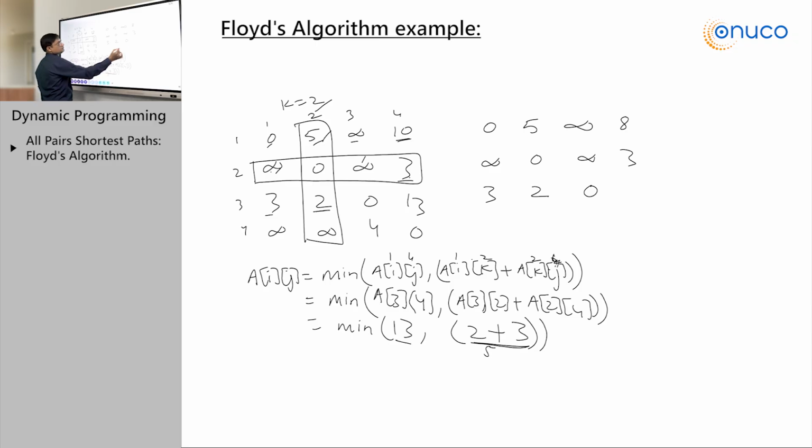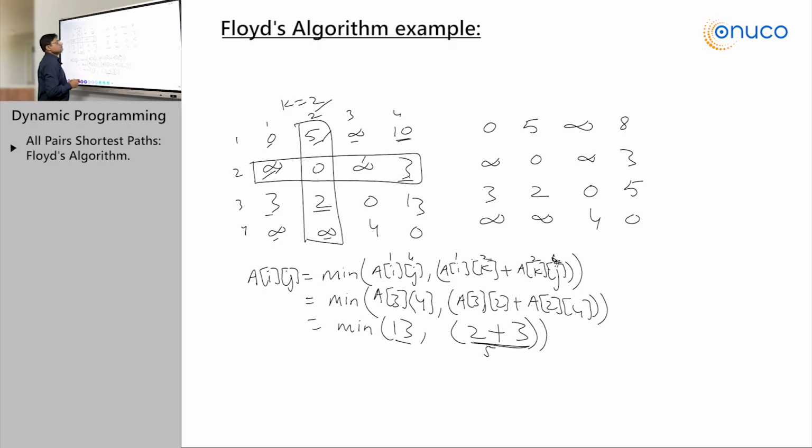So, 5 is lesser, so it is going to update with 5. Similarly, now we are going to perform the task for this. Here we are not able to change anything because both the inputs are infinity, so it will remain infinity. Here this is the shaded part, infinity, this is a 4, infinity plus infinity remains infinity, so 4 is lesser, and the diagonal element is 0. So after k is equal to 2, these are our outcomes, right?